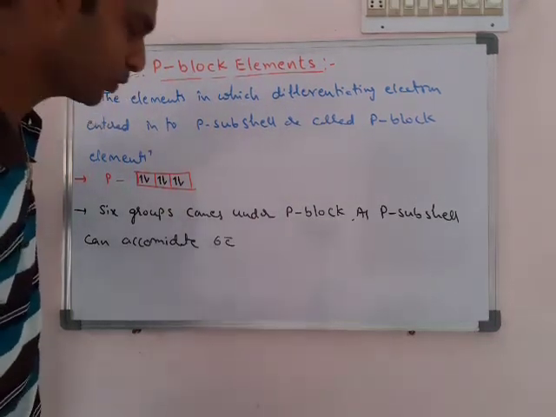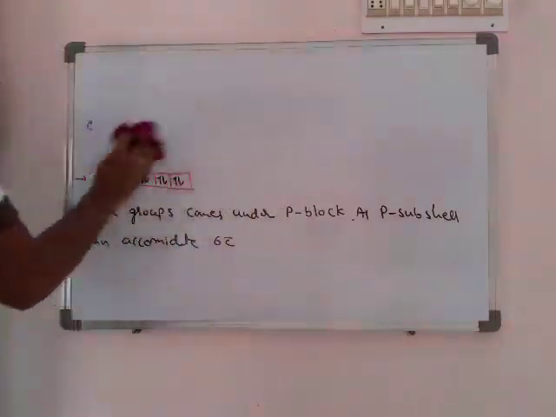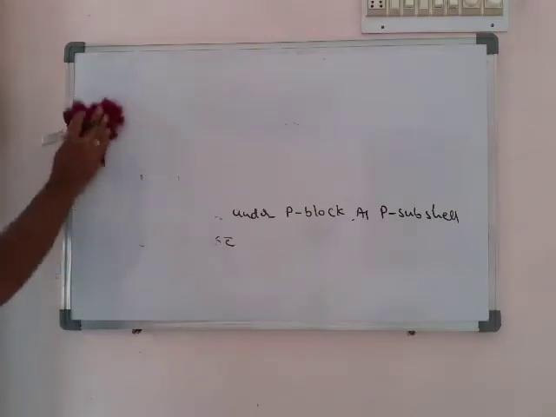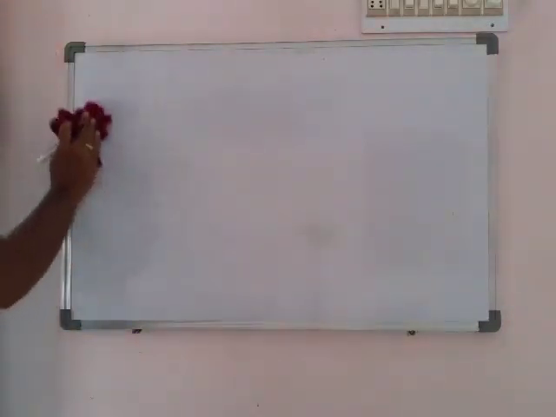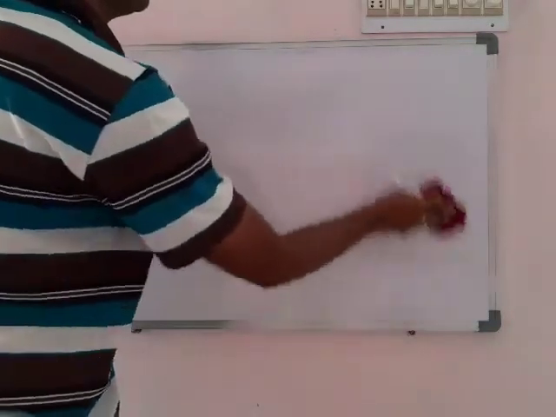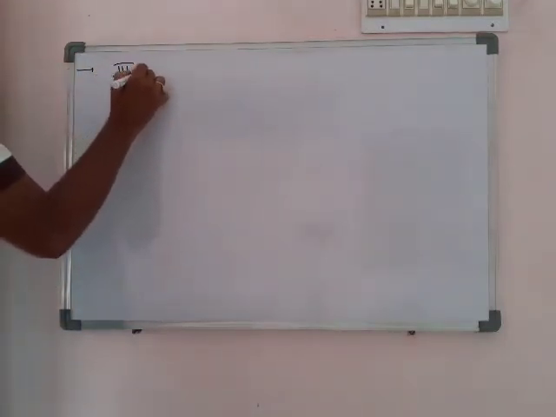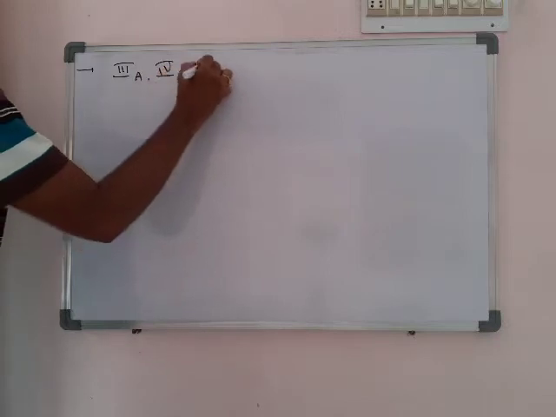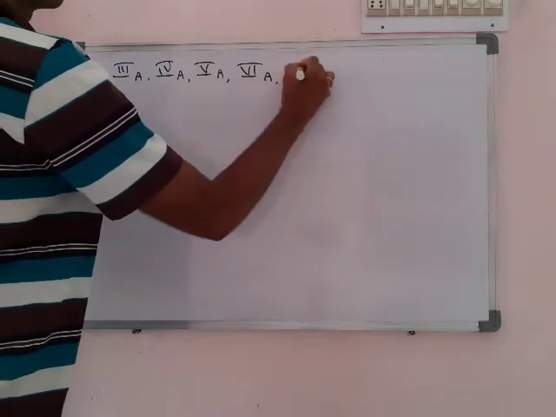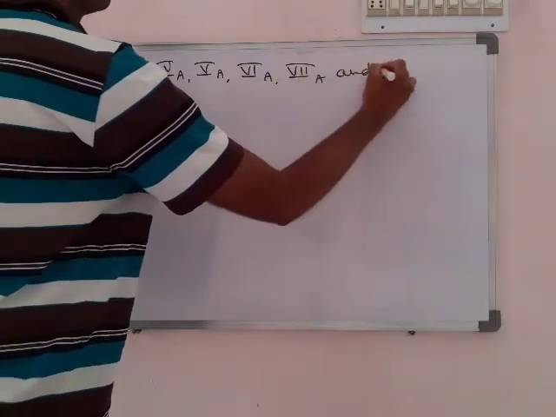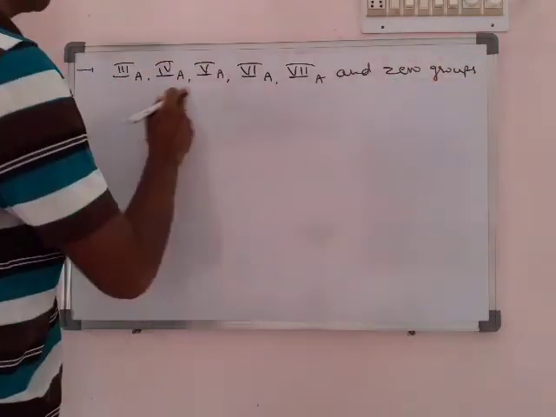So what are those 6 groups? Now we see them. Those groups are 3rd A, 4th A, 5th A, 6th A, 7th A and the 0 group. 1, 2, 3, 4, 5, 6.